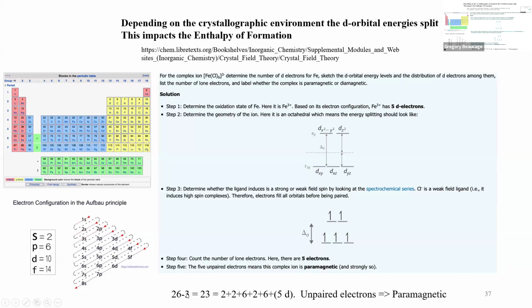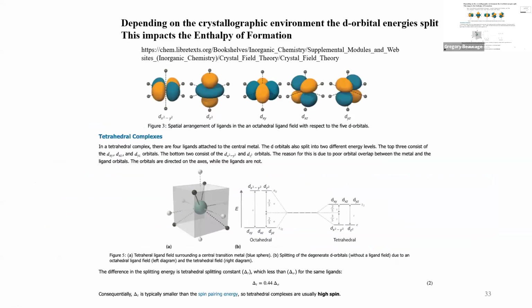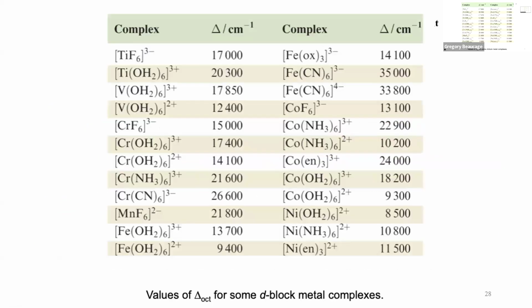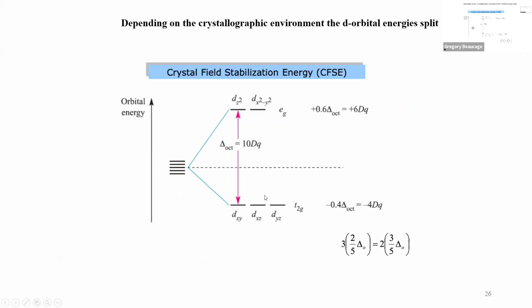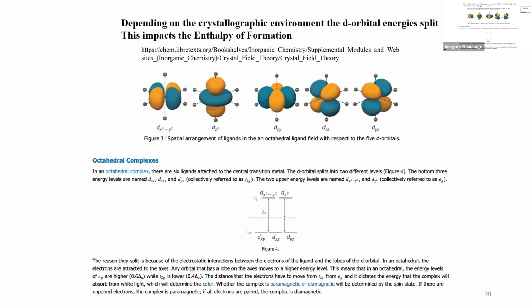If you add those up, 26 minus 3 is 23, so you'd only have 5 left for the d, right? And there are 5 energy states in the octahedral, so it would fill up each of the states if you have a weak anion with it. For chlorine, you would look at the spectrochemical list. Here chlorine's at the low end, so it's a weak anion. If you were coupling with nitrate or a cyano group, then it wouldn't fill up like this.